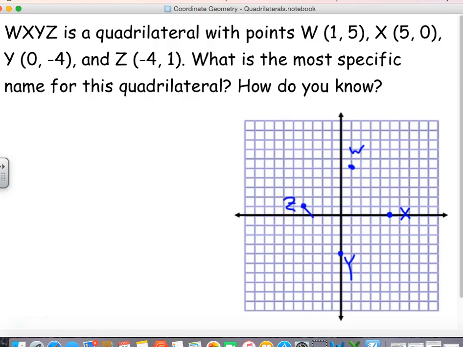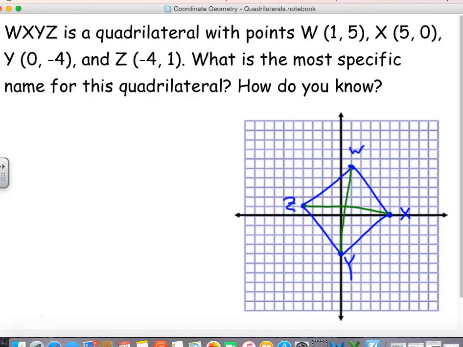Okay, so the question is, what's the most specific name for this quadrilateral, and how do you know? So this looks like it's a square just by looking at it. If we want to determine if it's a square or not, the easiest way is to look at the diagonals and see if they're congruent, and also if they are perpendicular to each other. So first, let's see if they're perpendicular, because all you have to do for that is figure out the slopes.